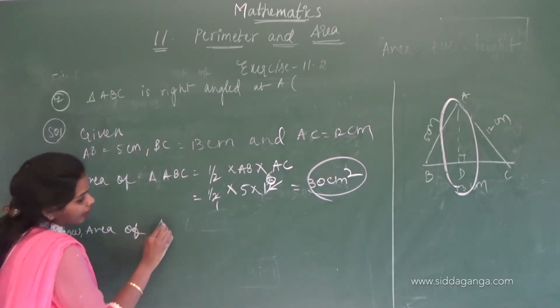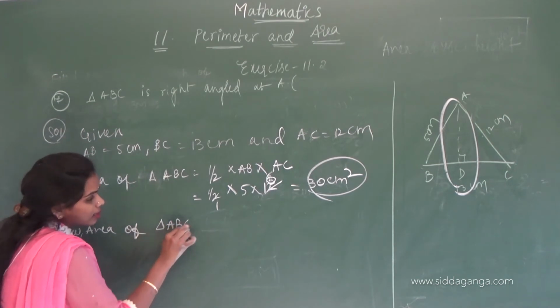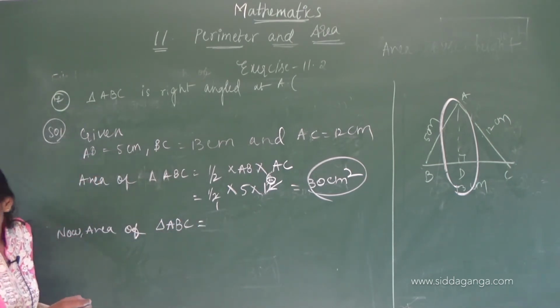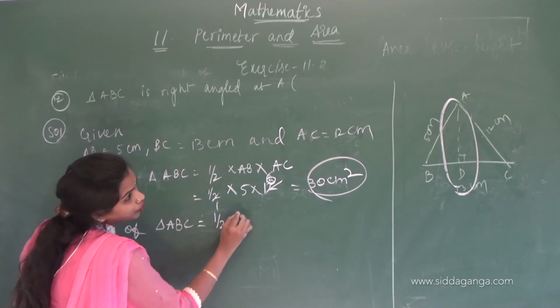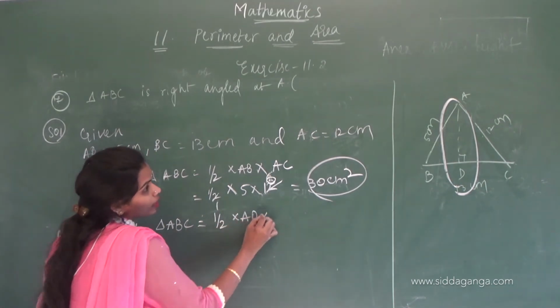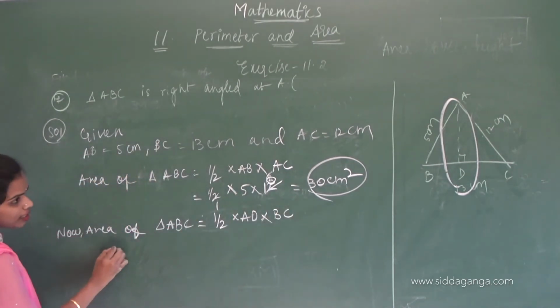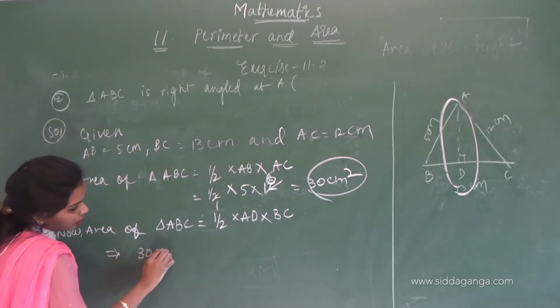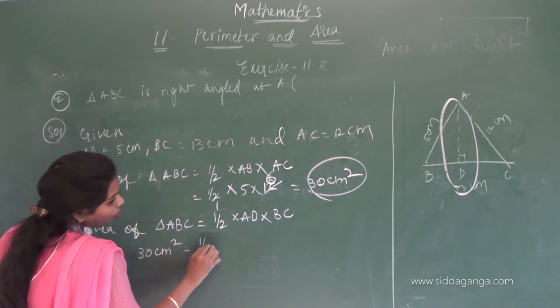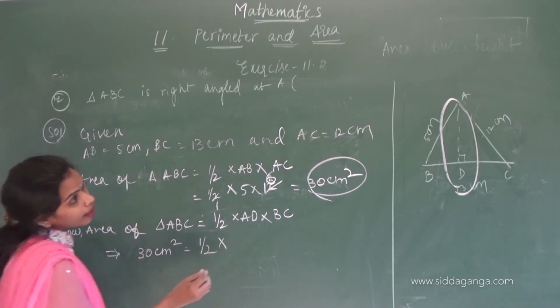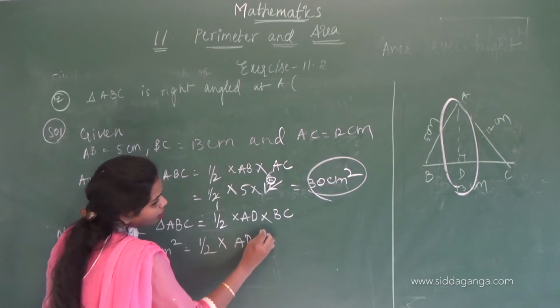Area of triangle ABC is equal to half into AD, the perpendicular height, into base BC. We know the area is 30 centimeter square, so 30 equals half into AD into BC, which is 13. AD is the perpendicular height that we have to find.